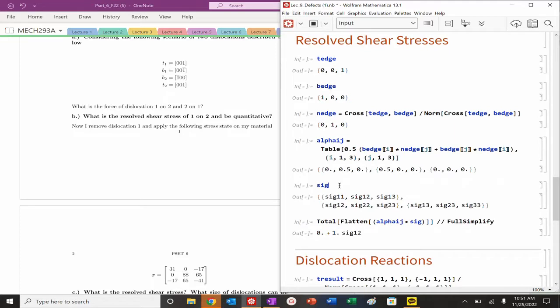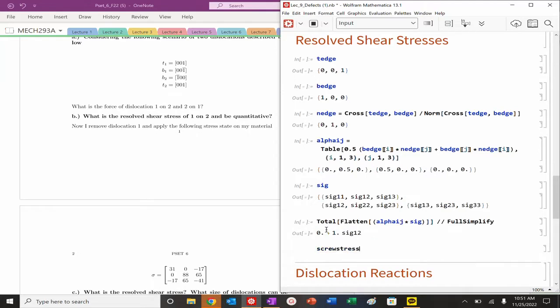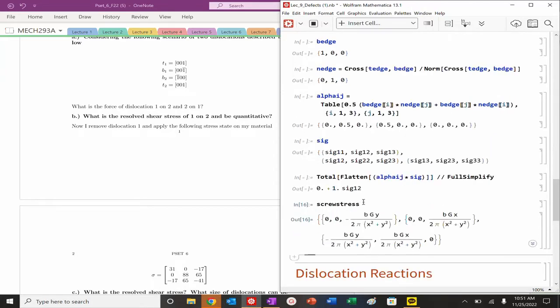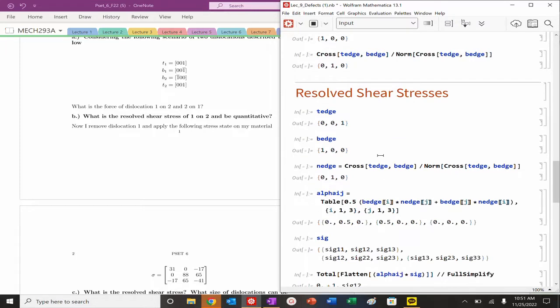So we have some stress tensor from 1, which we've decided is our screw stress right here. And then we can see where that is going to be applied on our plane of interest, which is going to be our B2, T2.